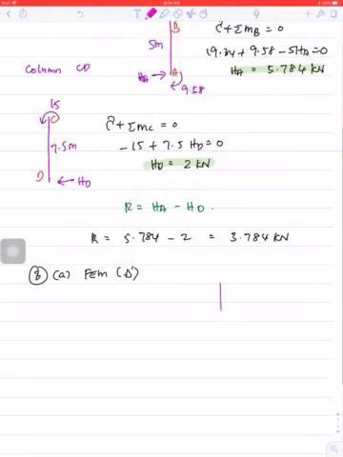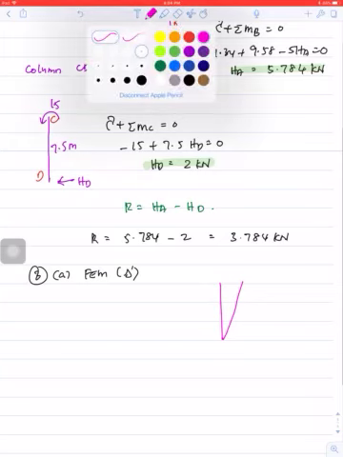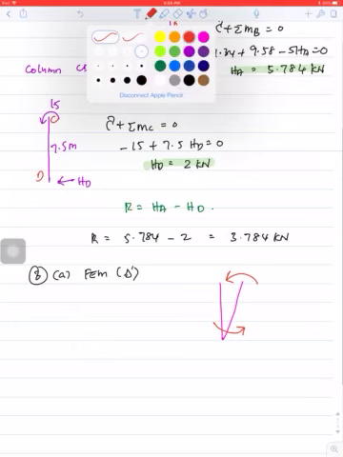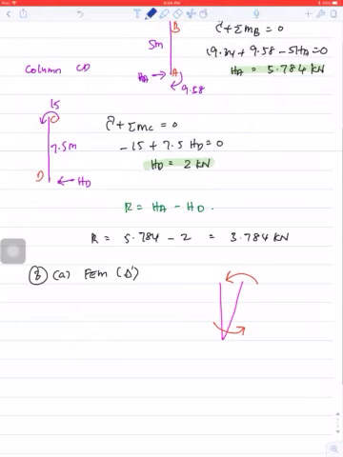The idea is, since the column tends to sway to the right side like this, it is found that the fixed end moment is acting counterclockwise for both columns. Let's say this is AB. What I need to do is I only choose one column.